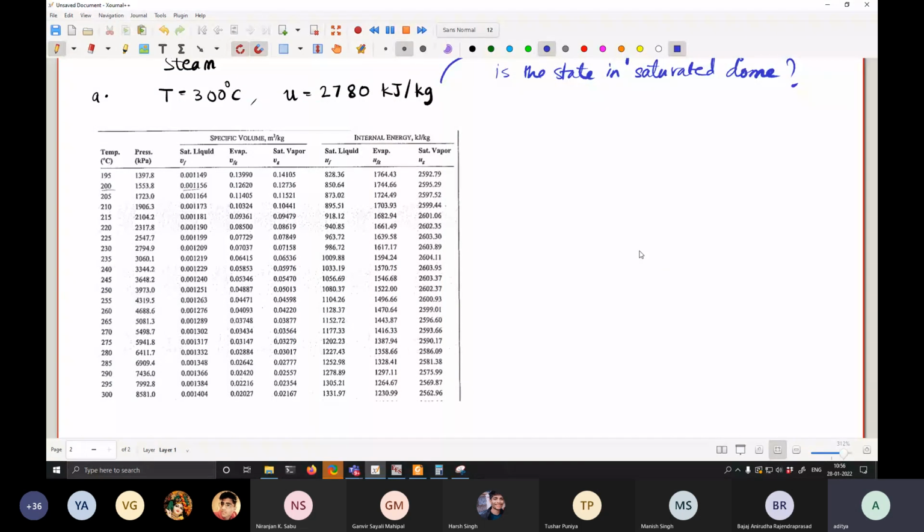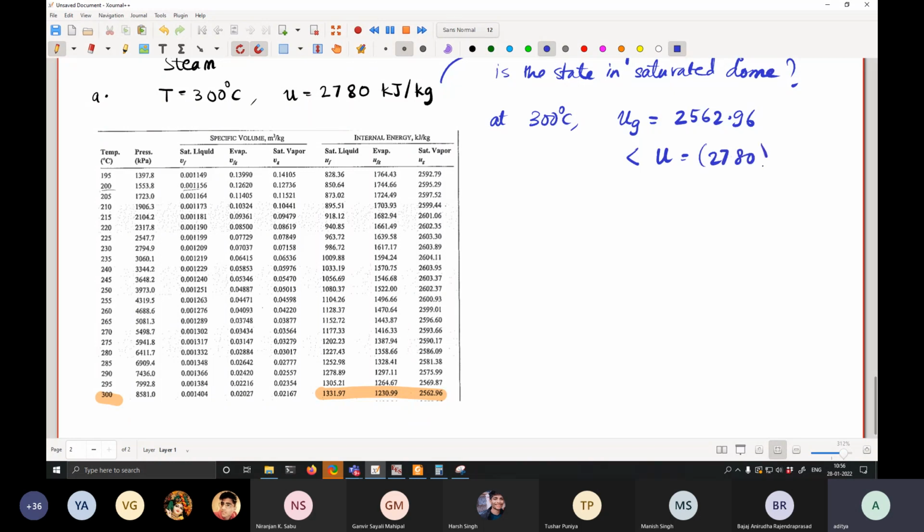So at 300 degrees Celsius, what do we observe? This is the internal energy data. What is our observation? That at 300 degrees Celsius, the specific internal energy of the vapor is 2562.96, which is less than what we have.